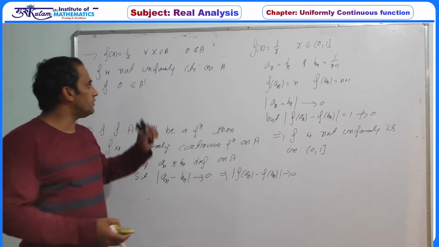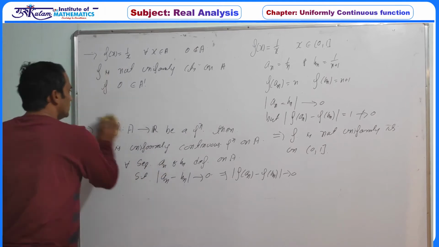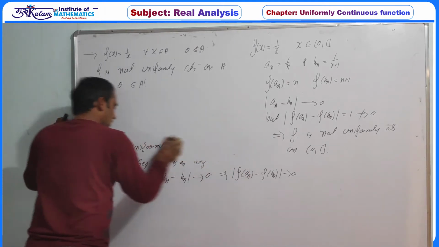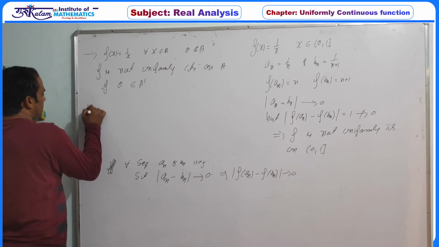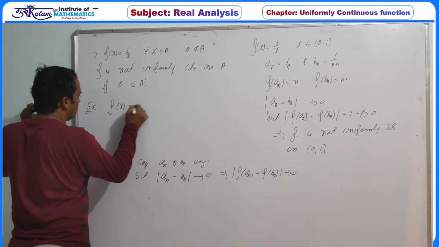So on any region in which 0 is a limit point, f(x) = 1/x is not uniformly continuous.